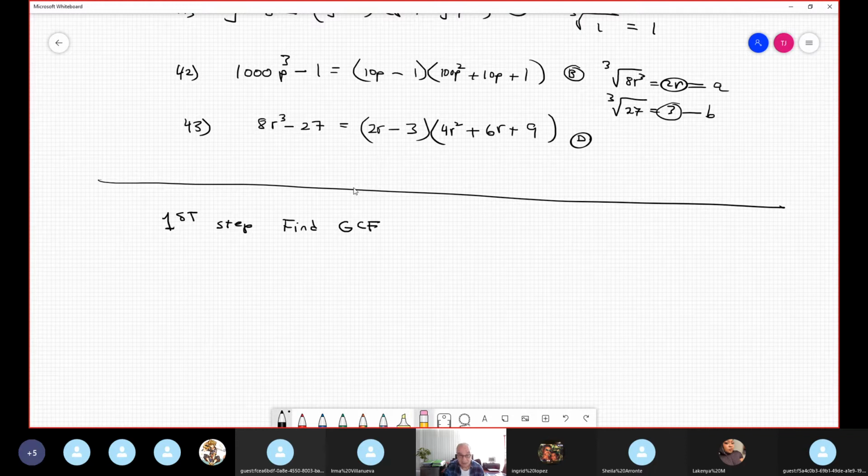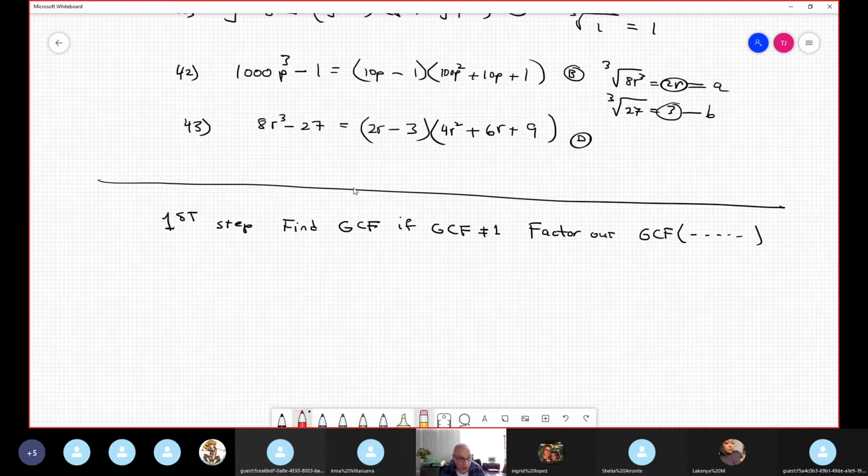The GCF exists if the GCF is not 1. If it is 1, no, because 1 is nothing. Then you factor out the GCF. Open a new parenthesis, and inside the parenthesis you copy the remaining part after the GCF. This is the first thing you should do.